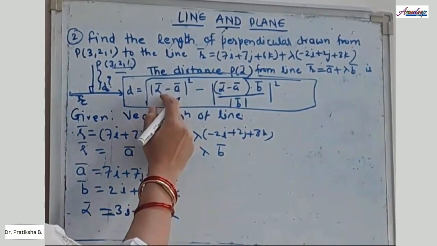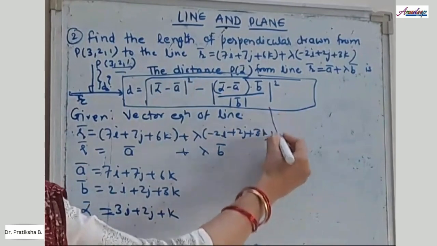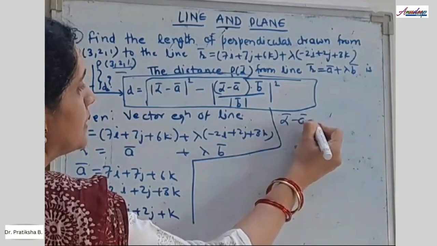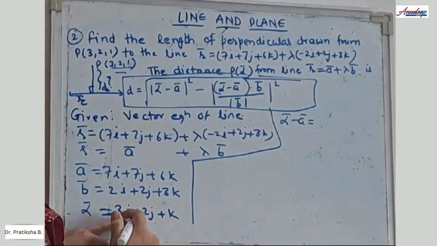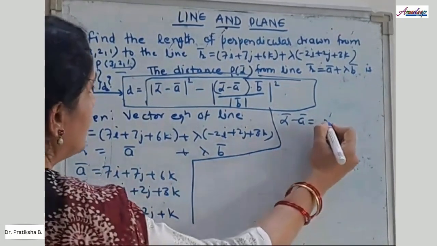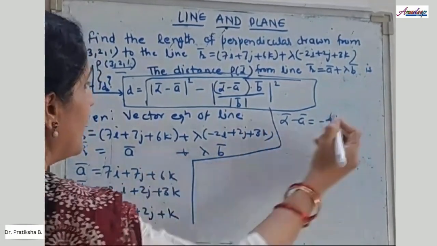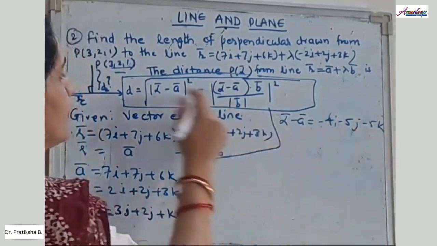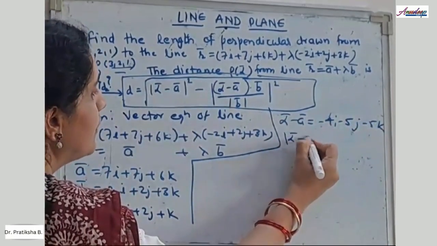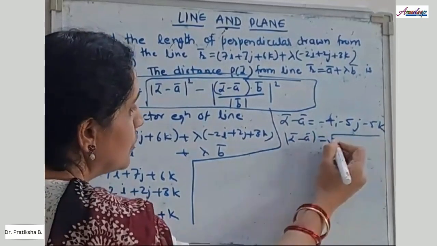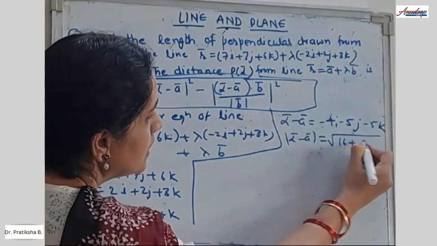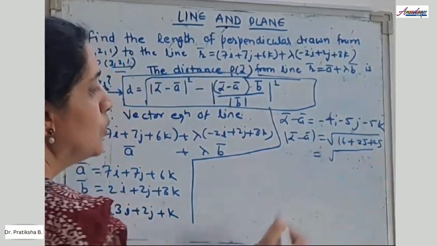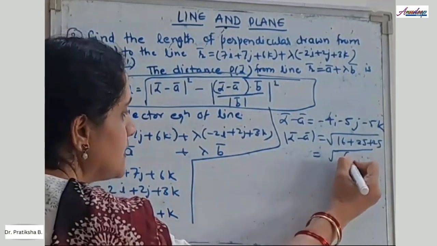Now alpha minus a vector will be 3i minus 7i, giving minus 4i, minus 5j, minus 5k. We need the mod of this alpha minus a vector, so it is the square root of 16 plus 25 plus 25, giving the square root of 66.